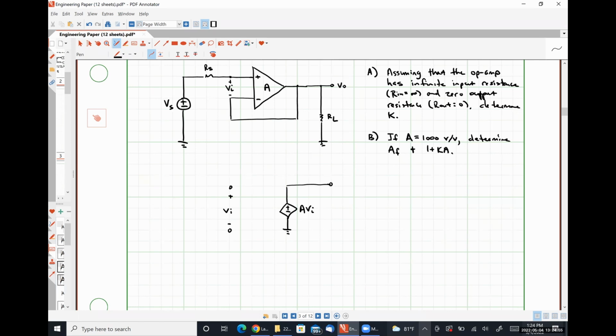Now, let's close the loop and attach everything else, okay? So on this side, I should have my resistance RS and my voltage source VS. Here is my feedback network, a wire.